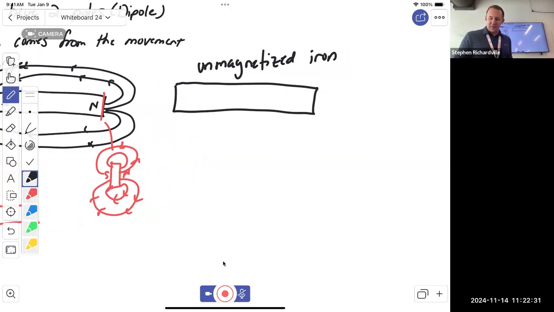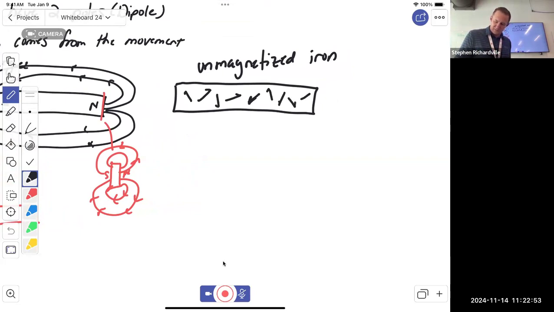In an unmagnetized iron, there are these little things we call magnetic domains. They're like little arrows. Their orientations are random.